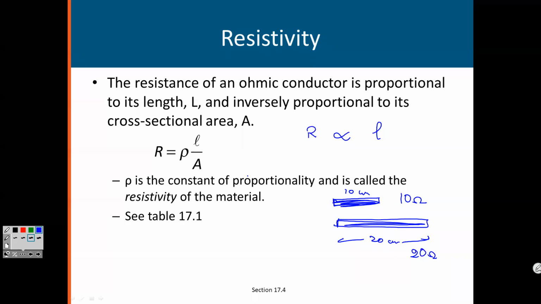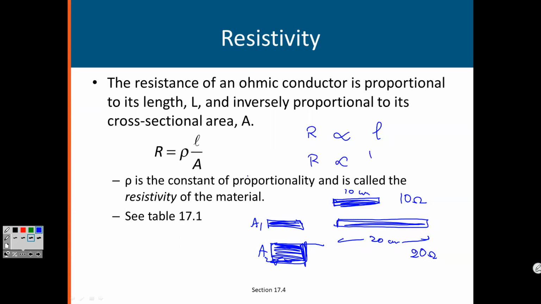All right. So then we take, say again, the copper. I keep the same length, but I make the other one thicker. This time I change the cross-sectional area, thicker. Then you find the resistance is inversely proportional to the cross-sectional area.